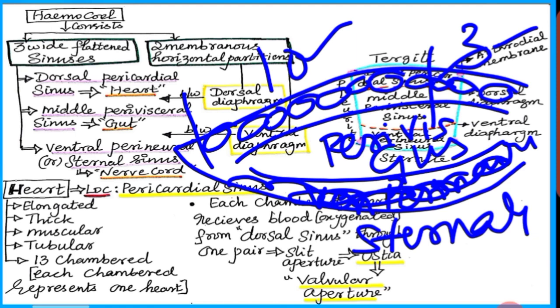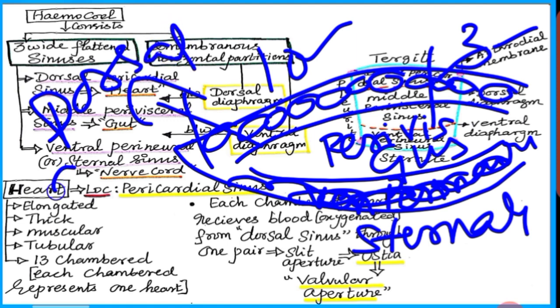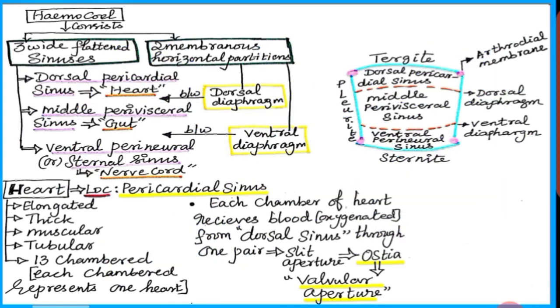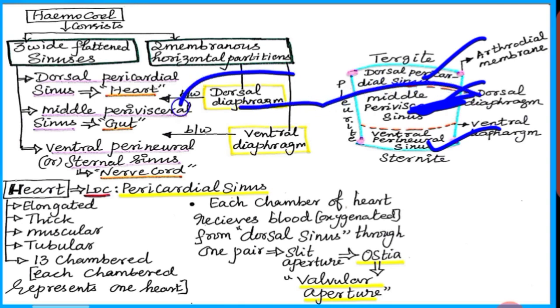The partitions are the dorsal diaphragm and the ventral diaphragm. See the picture. This is the dorsal pericardial sinus, middle perivisceral sinus, ventral perineural sinus. The dorsal pericardial sinus and middle perivisceral sinus are divided by a partition called the dorsal diaphragm.